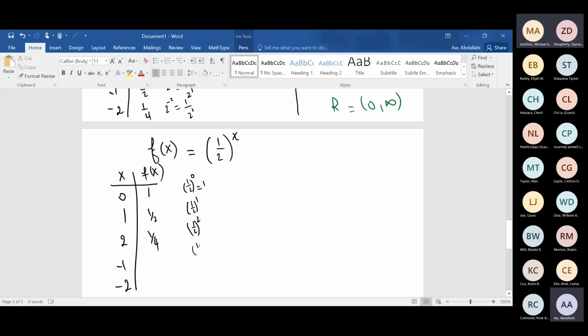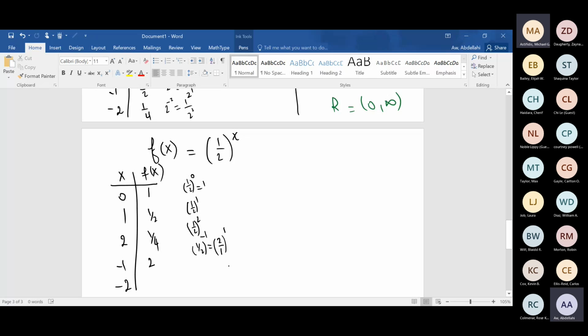Now, f of negative 1, what do you think is going to be? I'm not really sure. 1/2? No, the negative exponent is going to make this become positive. It's going to be 2. You just flip the fraction: 1/2 to the negative 1 power is 2/1 to the 1 power, which is 2.